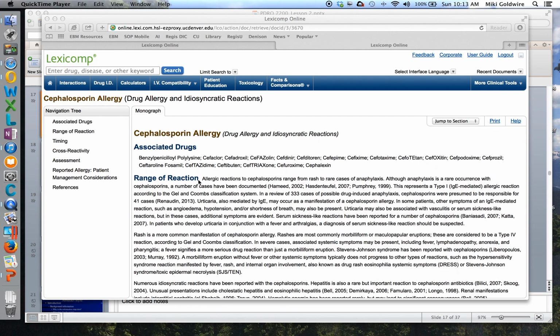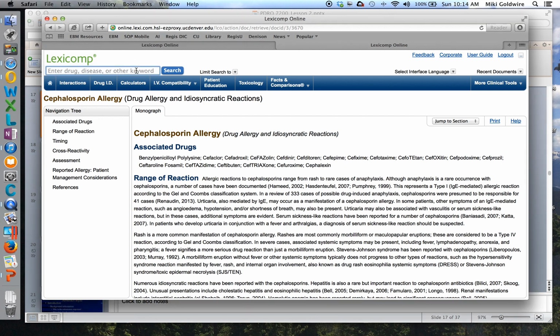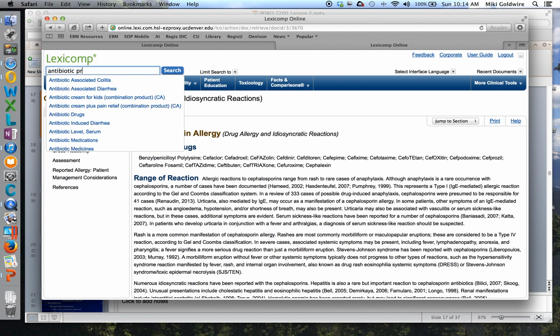So, if we've decided that we want to find out more information on antimicrobial prophylaxis during surgery, we should try to find an alternative for this patient. So what we can do is, since we're in Lexicomp, we can type in antibiotic prophylaxis.